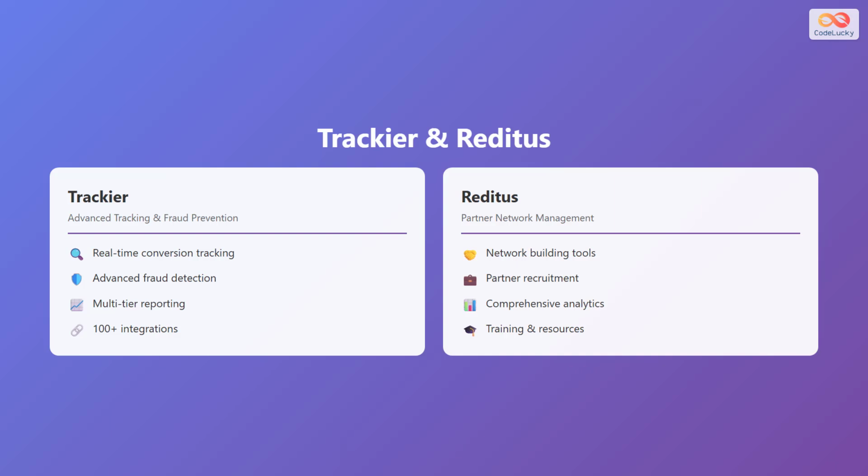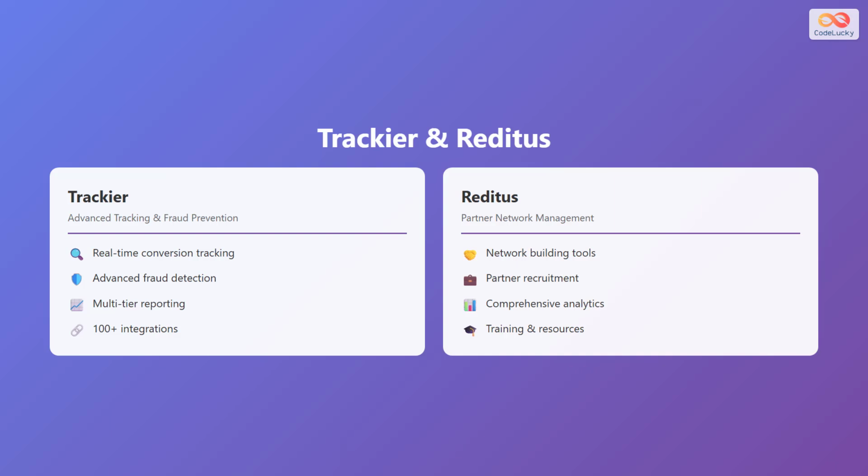Trackier and Reditus serve different purposes in the affiliate ecosystem. Trackier excels at real-time conversion tracking with advanced fraud detection to protect your program from invalid conversions. It offers multi-tier reporting for detailed insights and integrates with over 100 platforms. This makes it ideal for high-volume affiliate networks that need robust tracking and security.